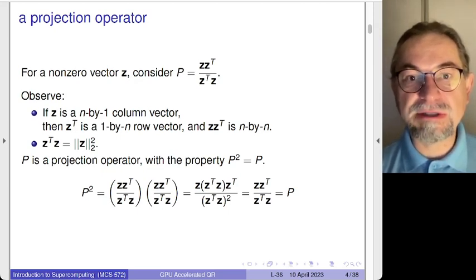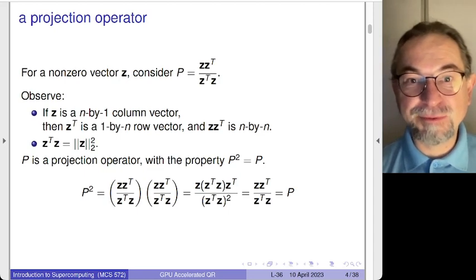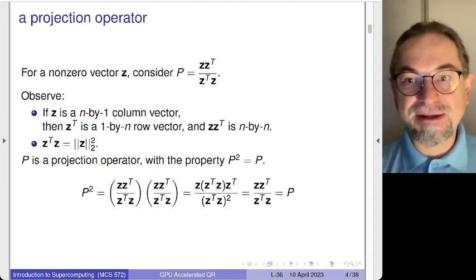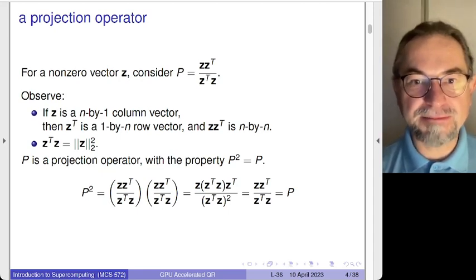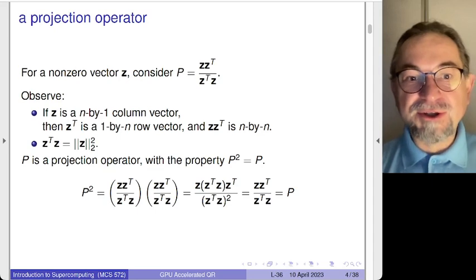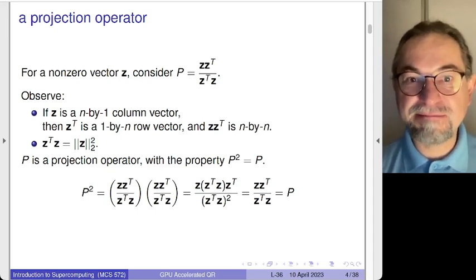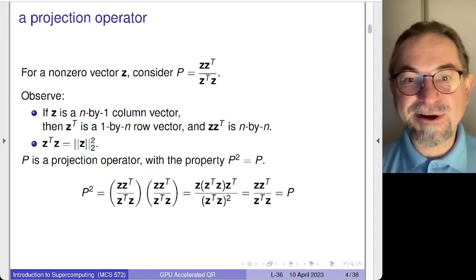So Z times Z transpose is a matrix, a square matrix. On the other hand, if you place the transpose in between, then you are multiplying a row vector with a column vector and you obtain a number. So these are matrices that are also called idempotent.